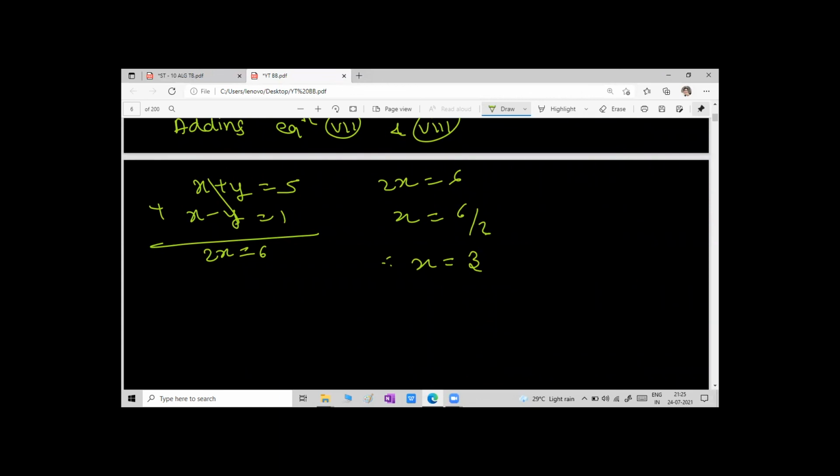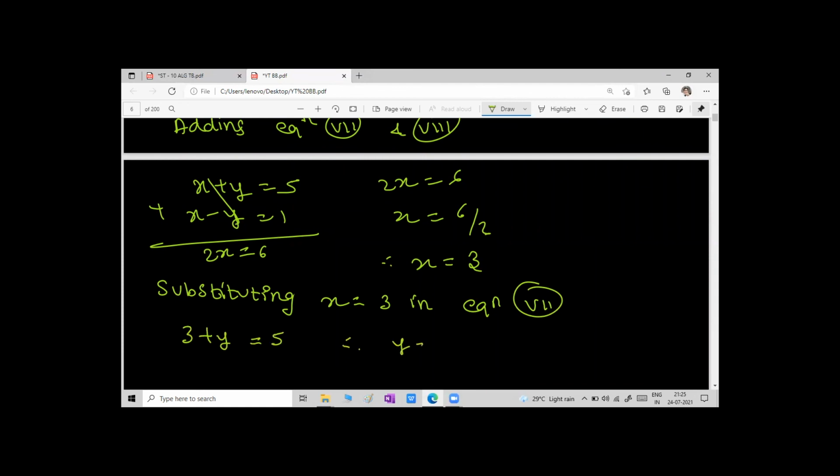Now again we will be performing substitution. So substituting x is equal to 3 in equation number 7. You can substitute in 8 also, it is up to you, but this is quite easier. 3 plus y is equal to 5. Therefore y is equal to 5 minus 3, therefore y is equal to 2.